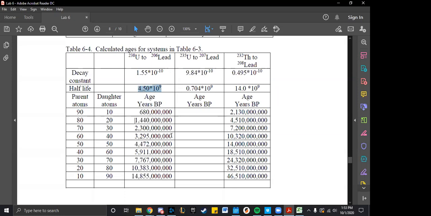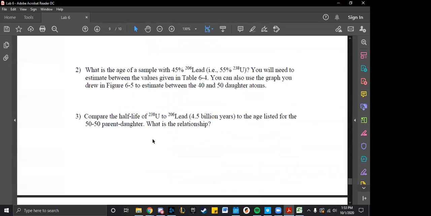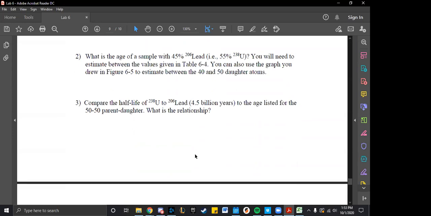Again, roughly, we're rounding. But it basically just means that for this question, the relationship is that the 50-50 split is the half-life.